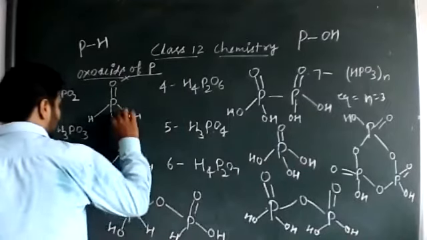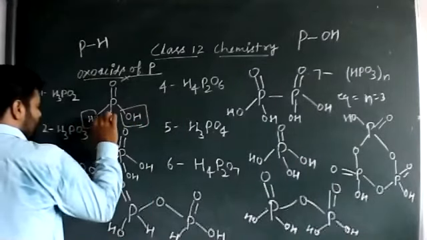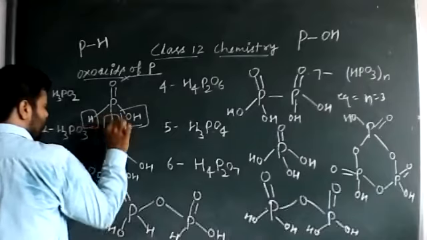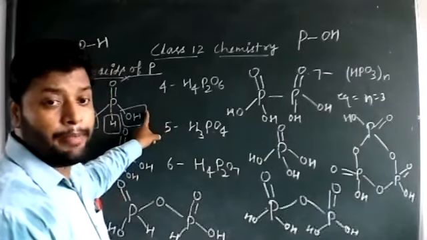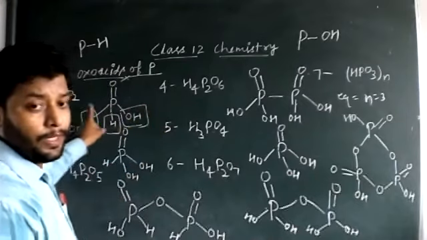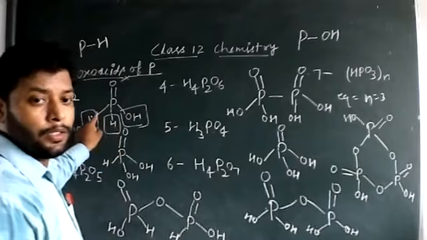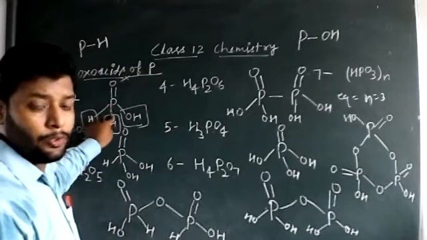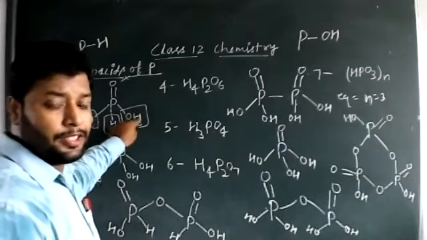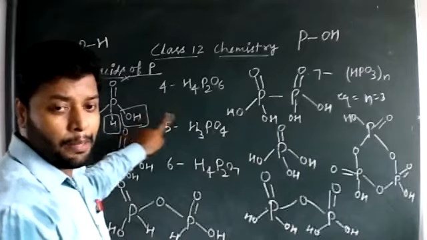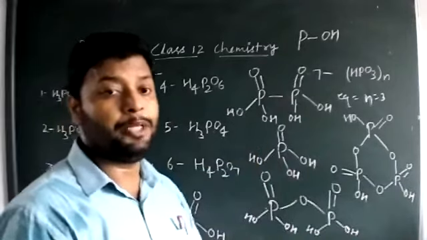Basicity means the acidic nature of the molecule, and the P-H bond is responsible for the reducing nature of the molecule. 2 P-H bonds: more reducing. More P-OH bonds: more basic, more acidic.